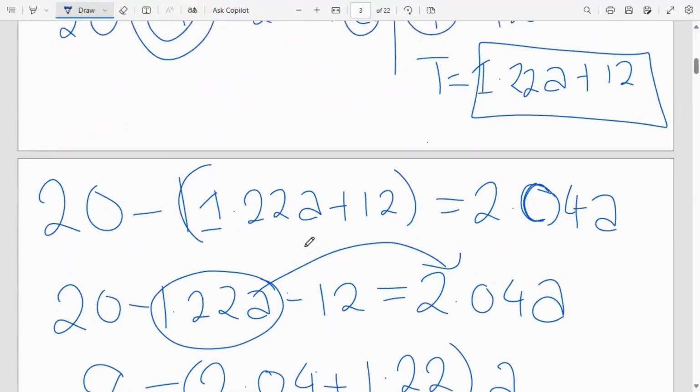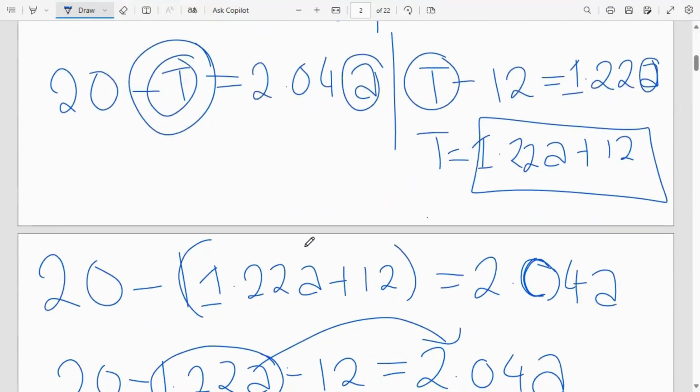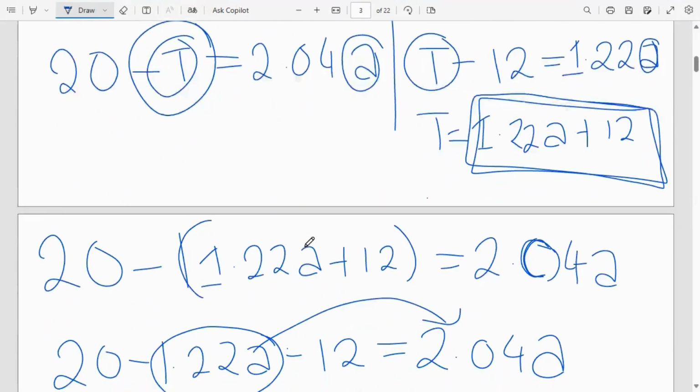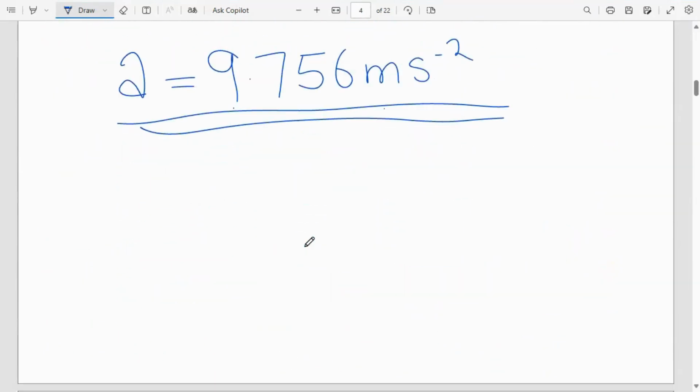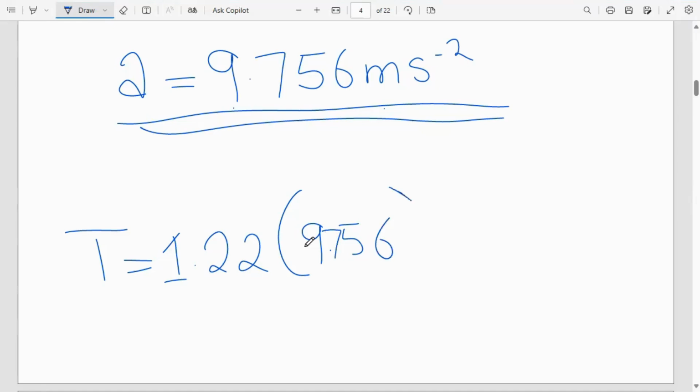Then since we found the acceleration, we can just plug it into one of these equations. I'll use this same one: we have 1.22A plus 12. Our tension is equal to 1.22 times A, where A is 9.756, plus 12.